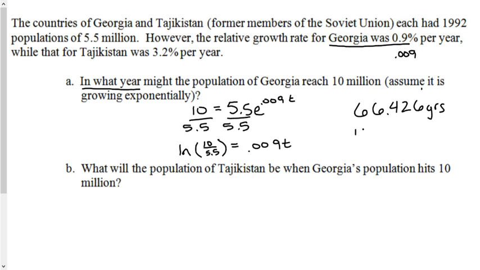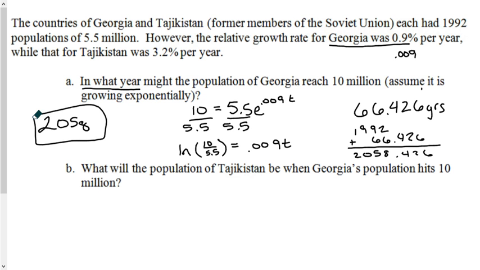So what we've got to do then is take 1992 plus the 66.426 years. We don't need a calculator for this, right? We can handle that. So sometime during the year 2058, that is when this happens. That's when our population will reach 10 million.